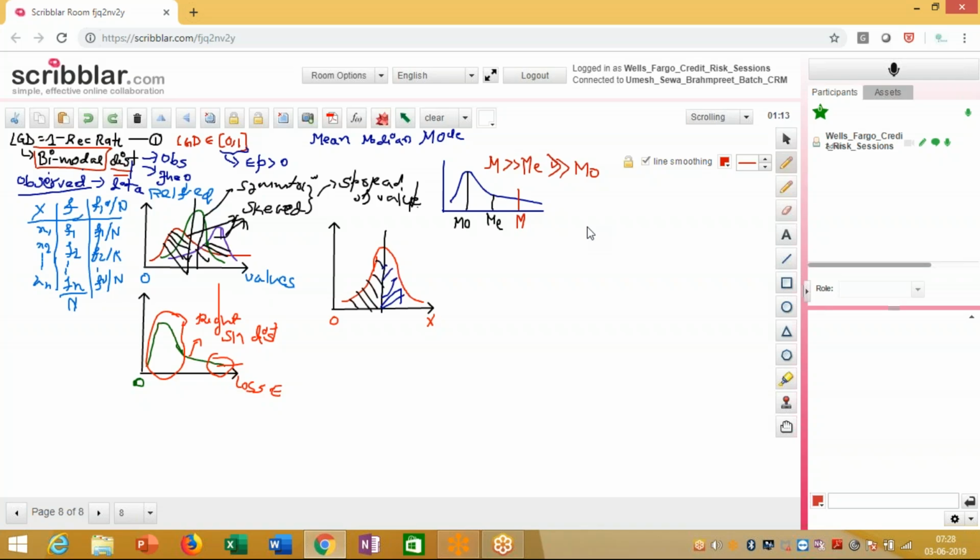It is a bimodal distribution. How do I define this bimodal distribution? A bimodal distribution is a distribution where you have two separate modes, right?